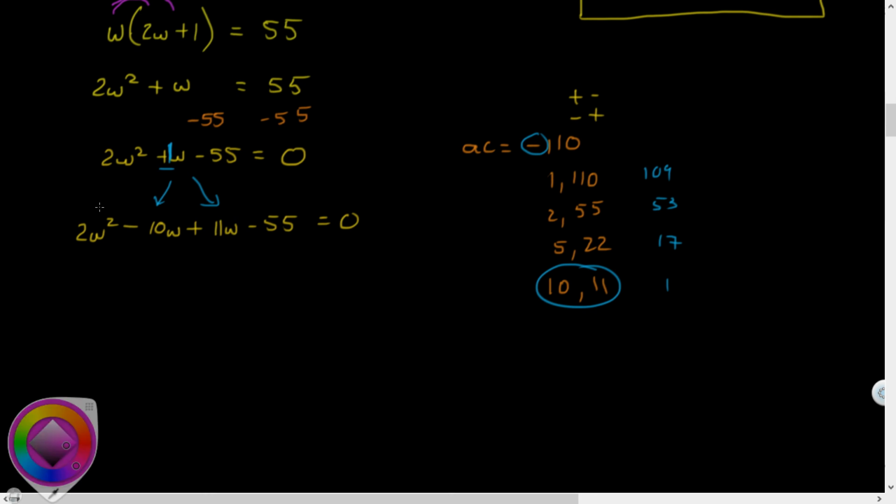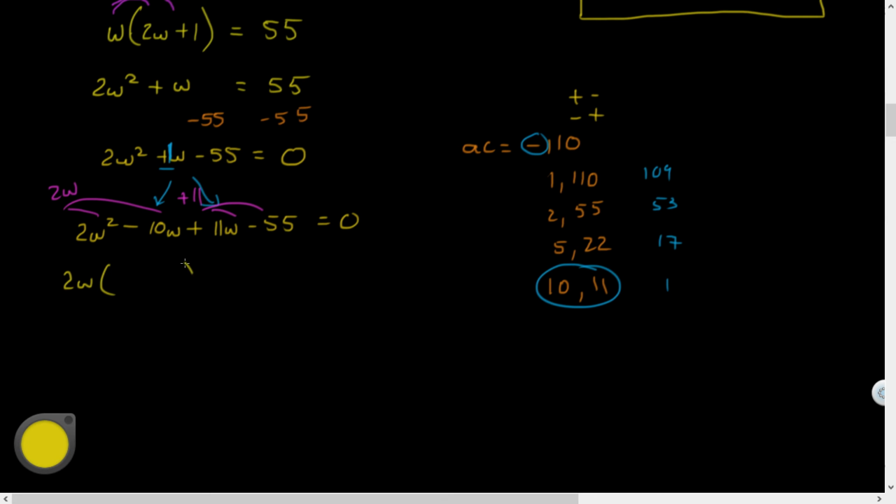Factor by grouping now. Let's see. Yoink, yoink. I can steal a 2w. For sake of time, I'm just going to go a little quicker through this. Between these, I could steal a positive 11. I'll have 2w times a binomial plus 11 times a binomial equals 0.